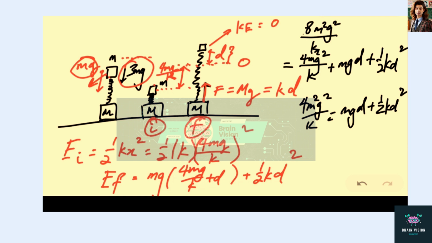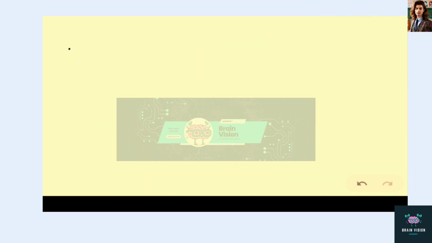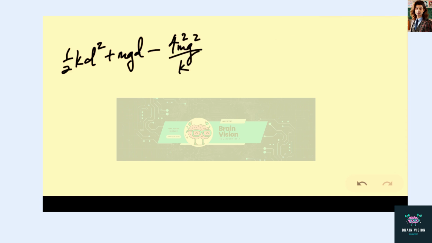And now to solve for our d, this is a quadratic equation. a equals half k, b equals mg, c equals negative 4 m squared g squared over k.